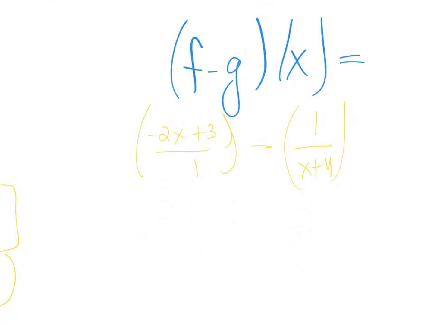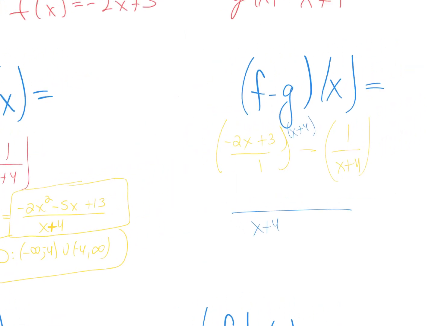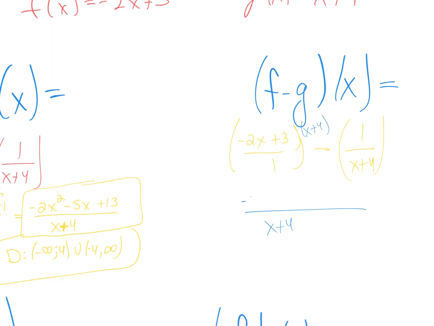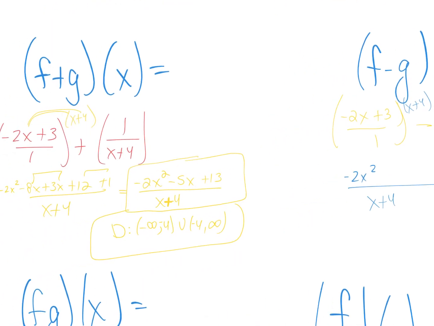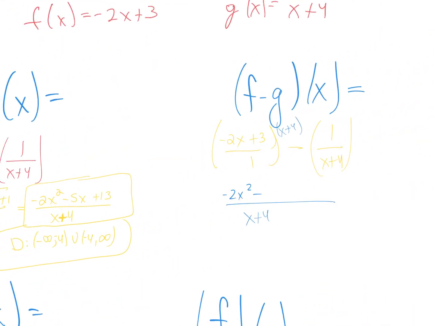Again, what's my common denominator going to be? x plus 4. So that means I have to multiply here by x plus 4. Do I need to do all the work again? No, I can just say over here it's going to be negative 2x squared minus 5x. And then I had plus 12. This would be minus 1. So what does that become?